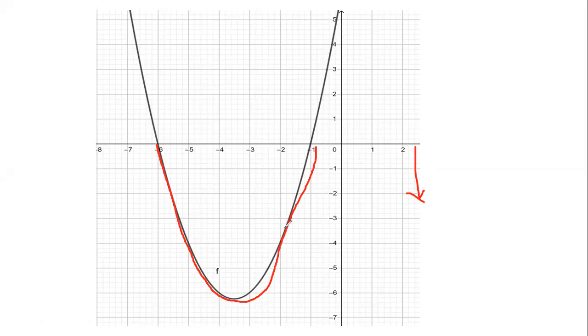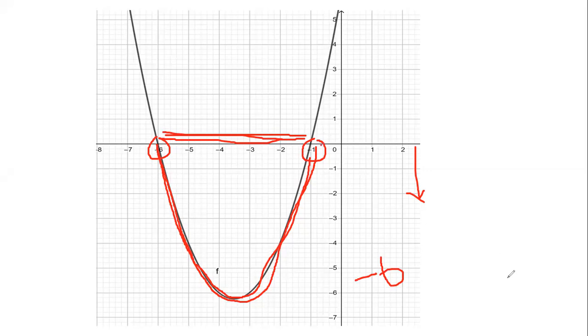Now we want the x range. You can see the graph is moving along this path. x changes from negative 6 along this path up to negative 1, right? So this is the x range. Now you can write the x range. How? Write -6 first, then write -1 here, then write x in the middle. Now put the inequality.